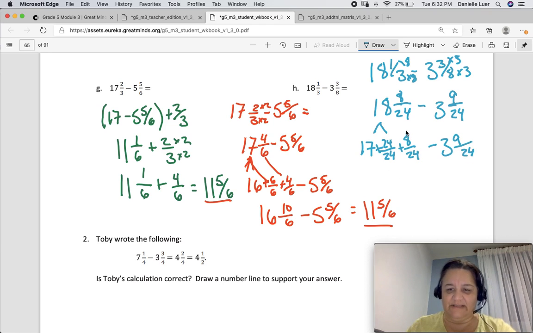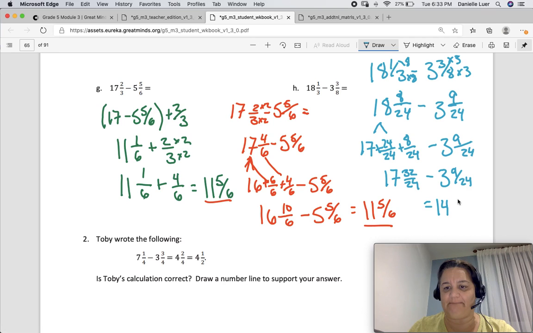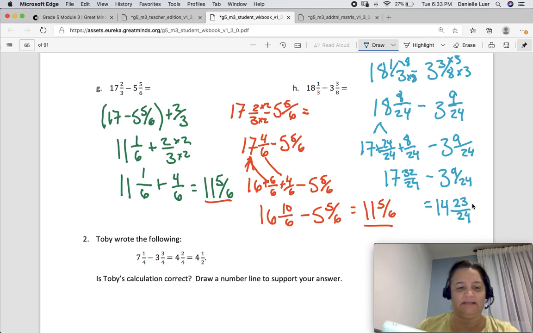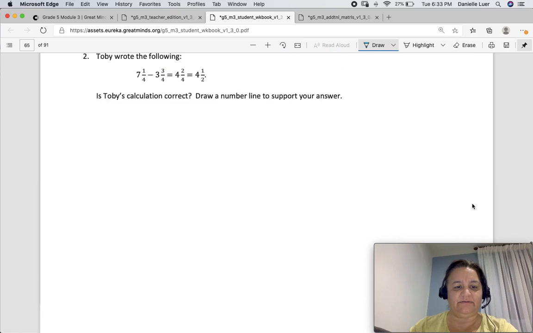And that is going to give us 17 and 32/24 minus 3 and 9/24 equals 14, and 32 minus 9 is 23, so 14 and 23/24. Excellent.